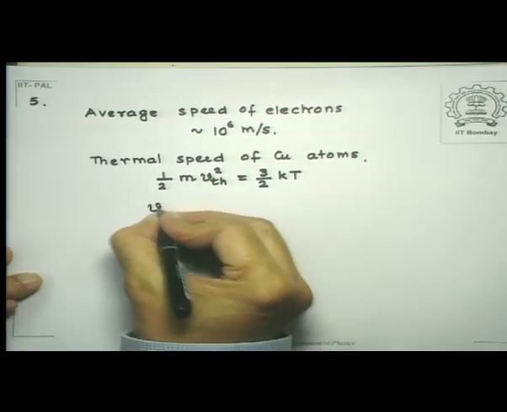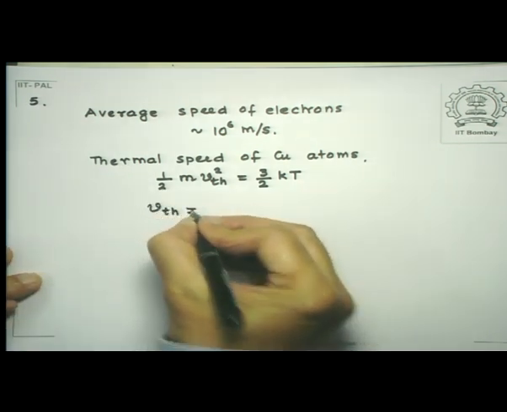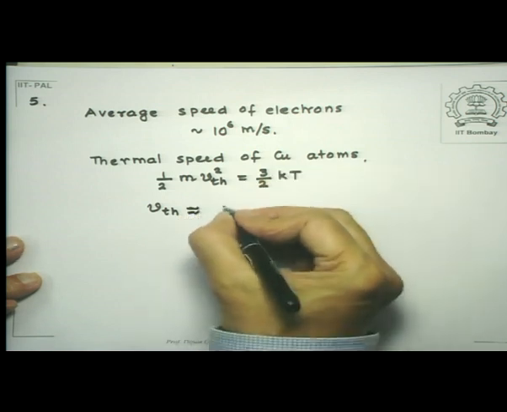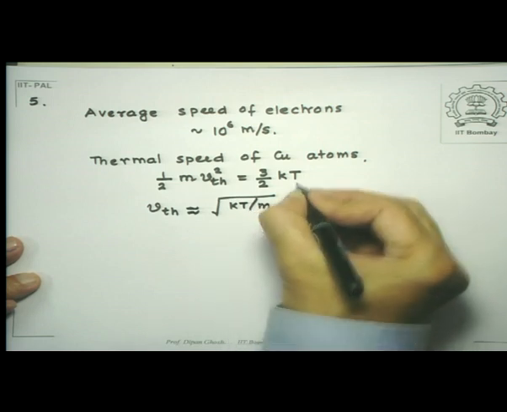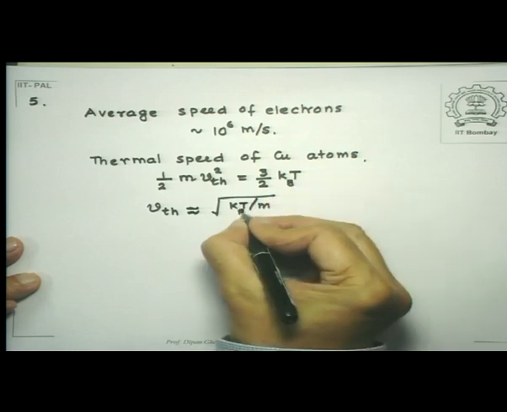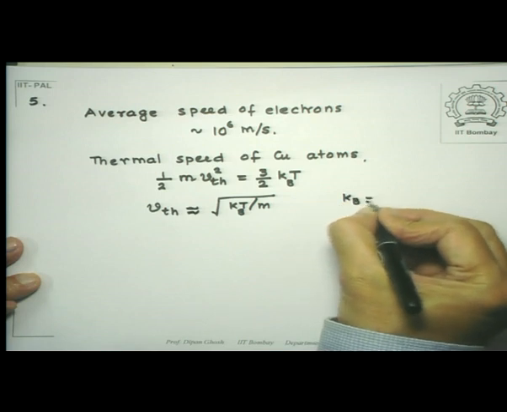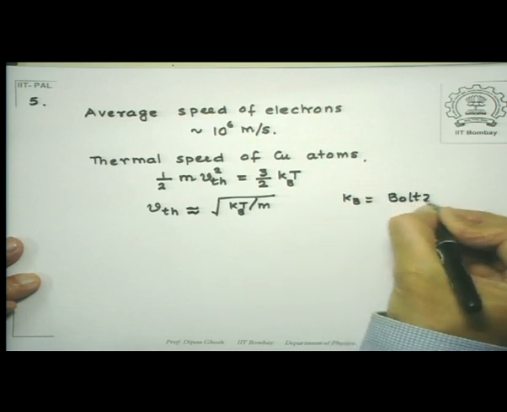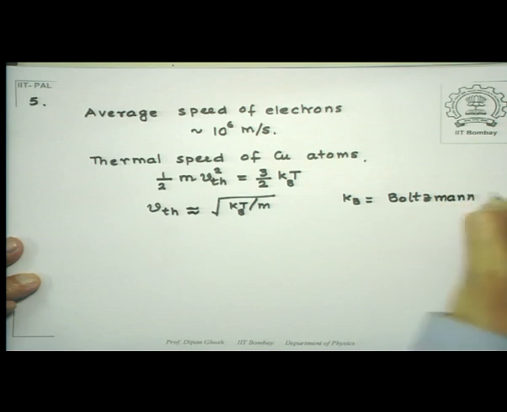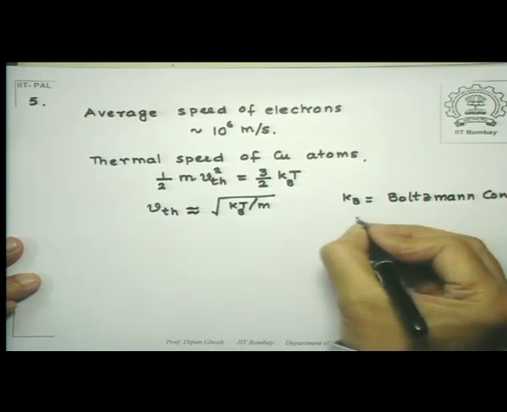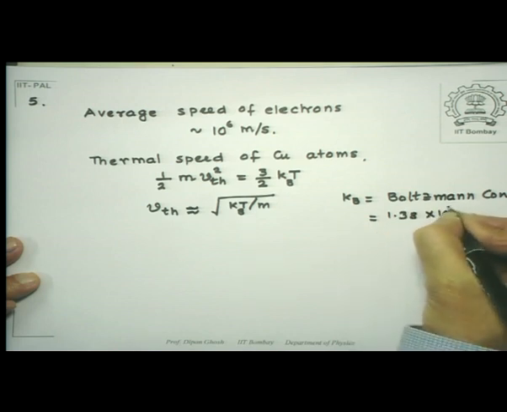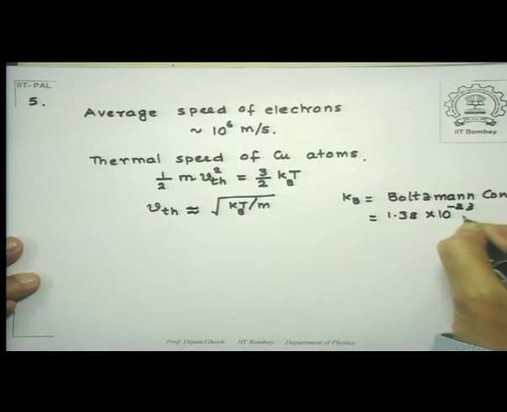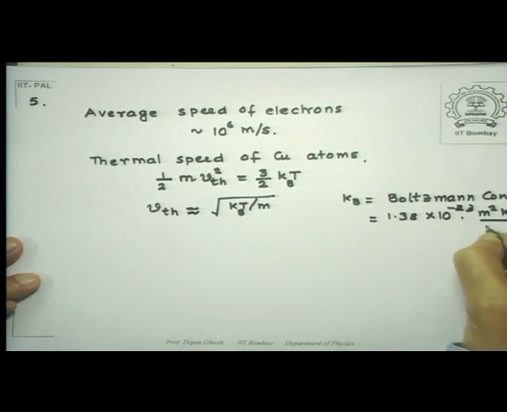So the thermal velocity of the atoms is of the order of, ignoring the factor of 3 and things like that, kT over m, where k, occasionally written as kB, is the Boltzmann constant, which is 1.38 into 10 to the power minus 23 in SI unit, which has somewhat complicated dimensions, meter square kg per second square Kelvin.